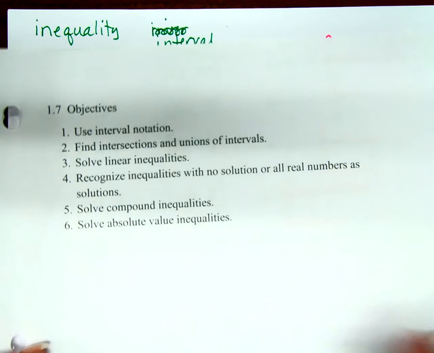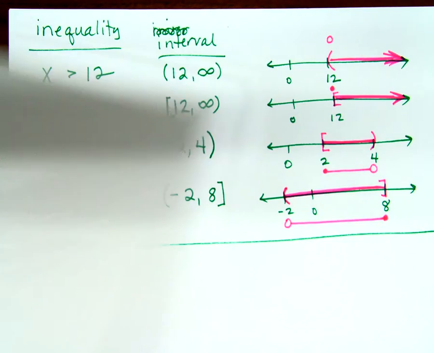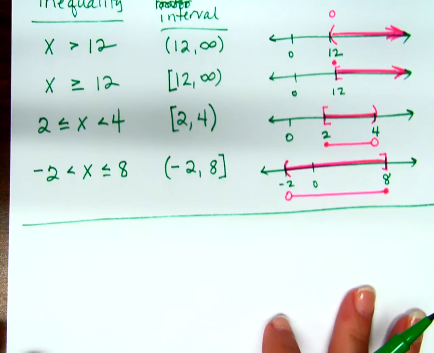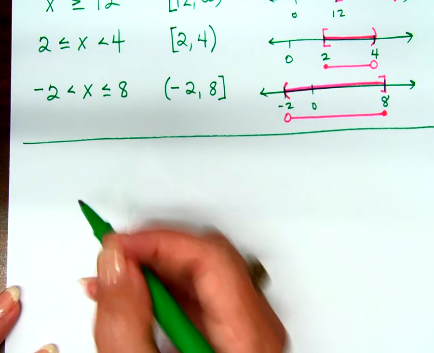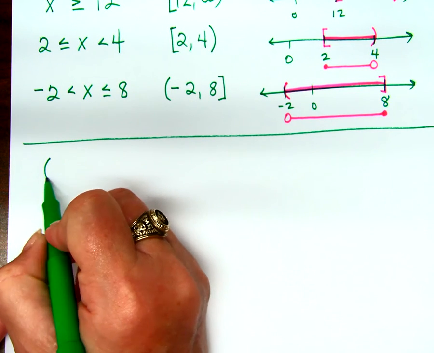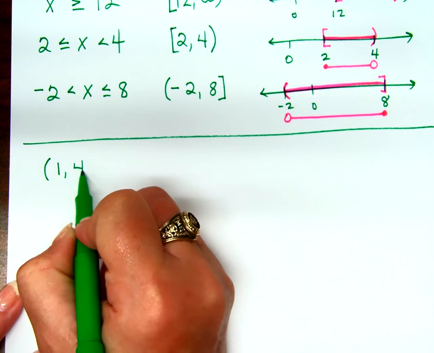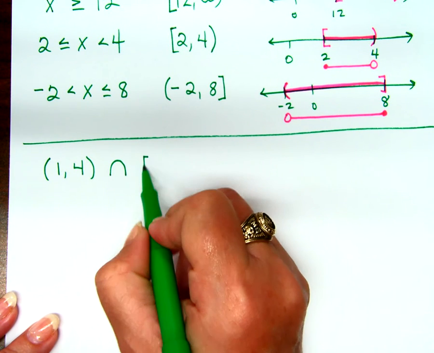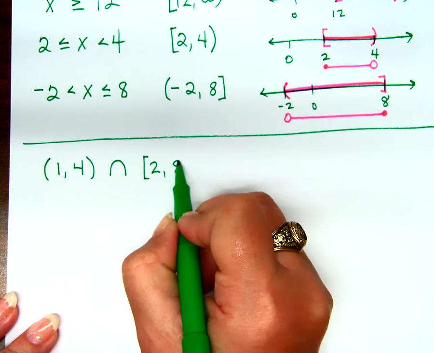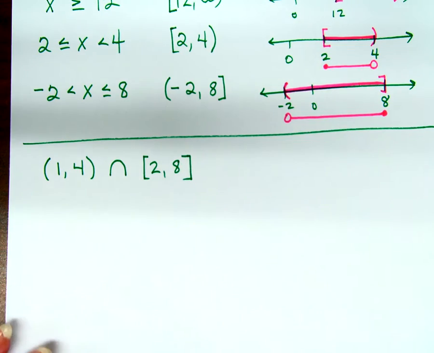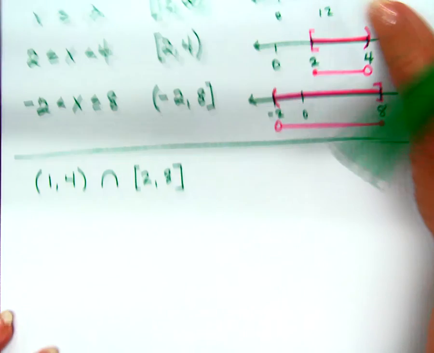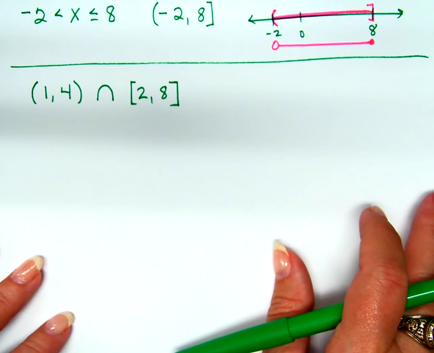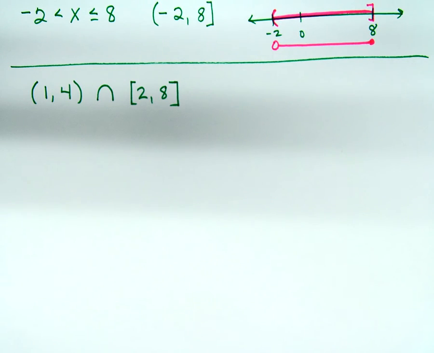Intersections and unions of intervals. In the prerequisite chapter, you did some problems on intersections and unions. So let's talk about it when we're talking about domains. In the beginning, for some people, it's way easier to see on a number line, so I'm going to draw number lines for you.